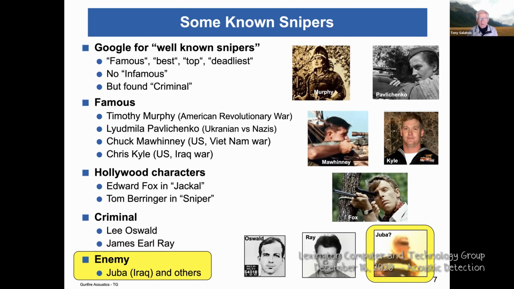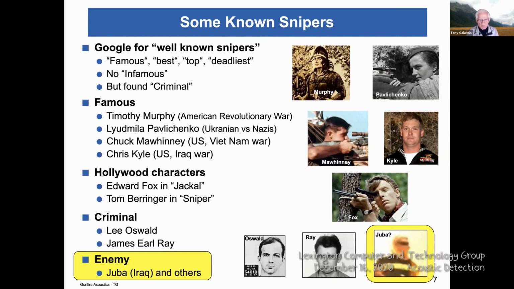Some famous names, not necessarily the most famous, are Tim Murphy, who was essentially an American Revolutionary War hero, a Russian, or rather Ukrainian woman, Lyudmila Pavlichenko, who shot a lot of Nazis from long distances, Chuck Mawhinney, who was in the Vietnam War, and more recently, Chris Kyle, who was in the Iraq War.